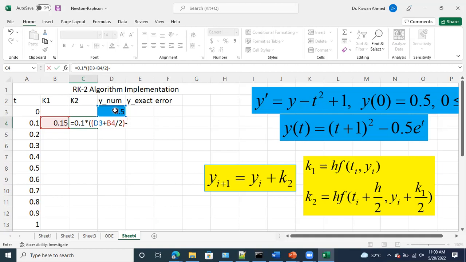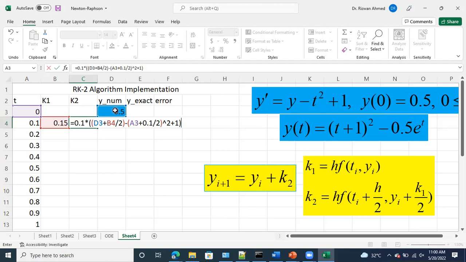Minus t squared. So the t value, ti plus h by 2, and the square of it. So t has been replaced by ti plus h by 2, plus 1. And I have completed the parentheses.